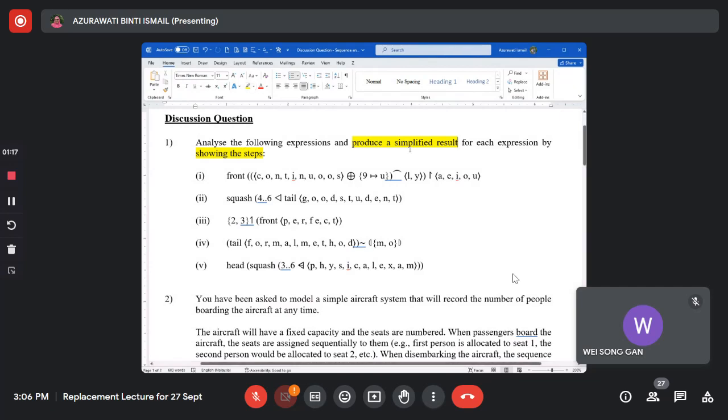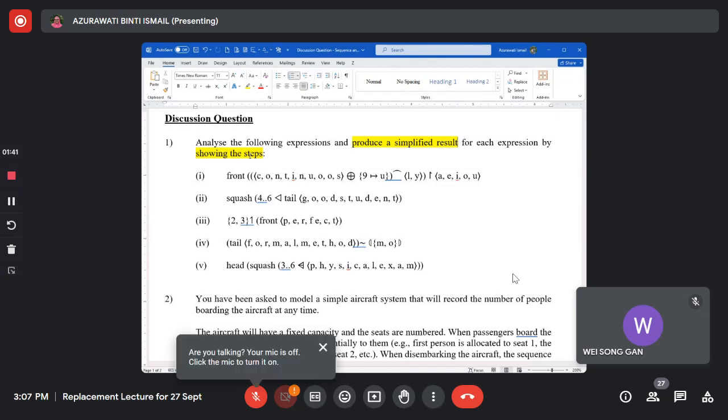If the question asks you like this, it means there are marks for steps also. So you don't just put the result only, without putting the steps, because if you don't show the steps, you will lose marks for it.